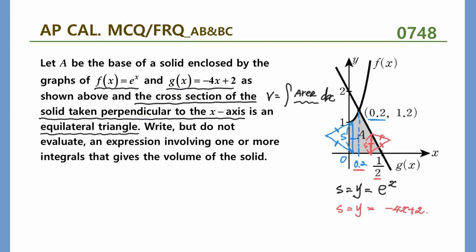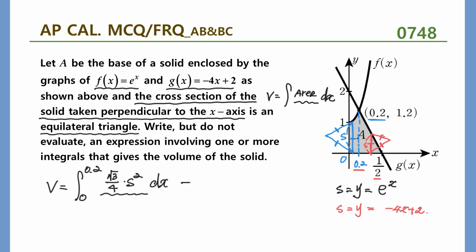Now let's write the volume here. From 0 to 0.2, we must write the area of an equilateral triangle. The formula for the area of an equilateral triangle is root 3 over 4 side squared, from geometry.